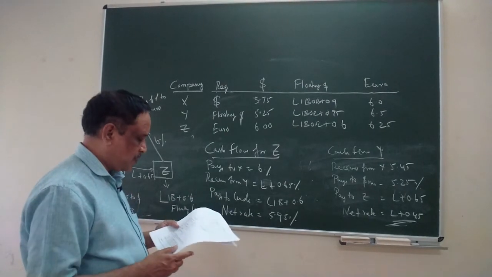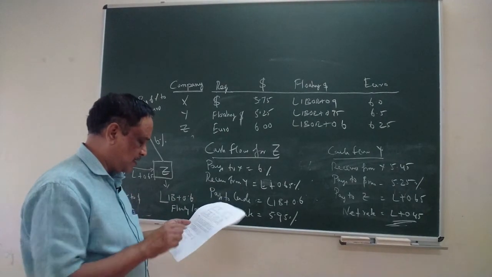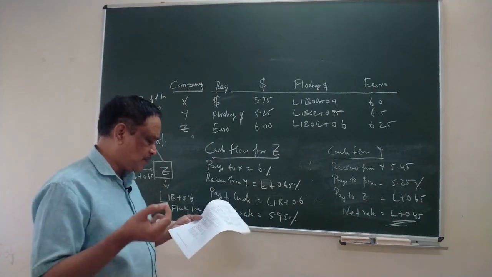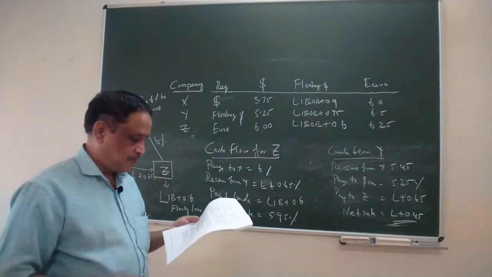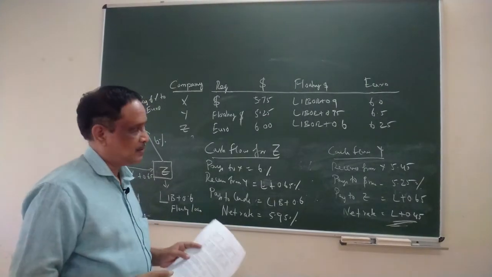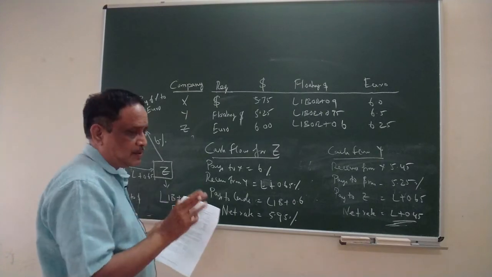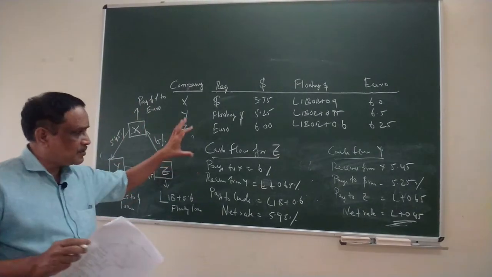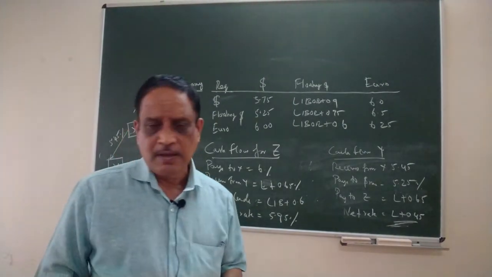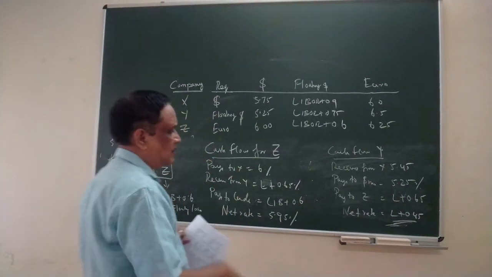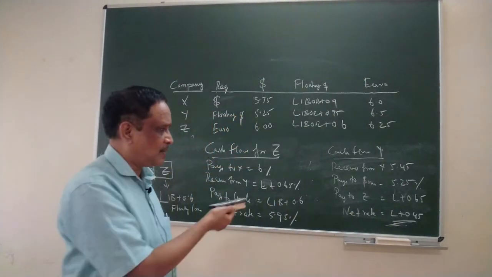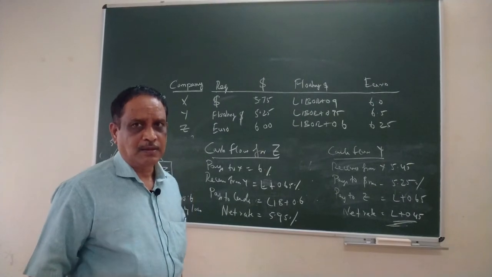In this case, if you can find the net rate for X is 5.45, for Y is L plus 0.45, and for Z is 5.95, that would suffice. If you follow the steps, it will be easy. The final steps are a little complicated, and you don't bother. At least try to learn 80% of the problem. If you practice, you would get the answers. Thank you.